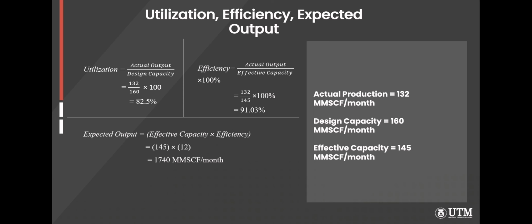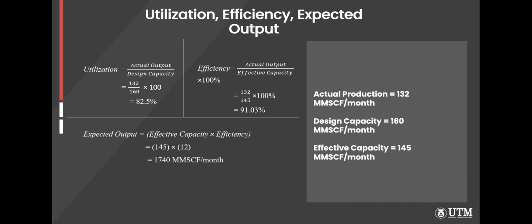Next is the study of capacity management. In order to quantify the operational performance, we have analyzed the capacity metrics. We analyzed the utilization and efficiency of the plant with the actual production of 132 mmscf per month against the design capacity, which is 160.